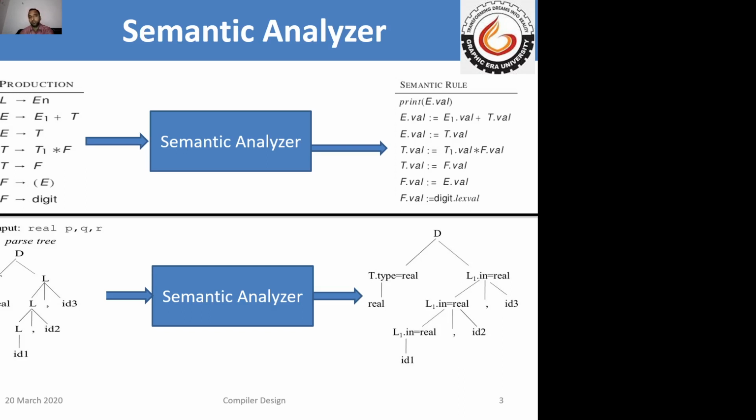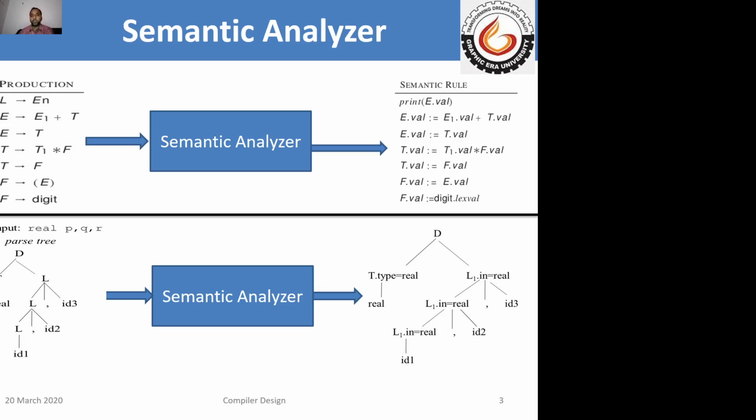The first production is E generates E plus T. Its semantic rule will be E.val, meaning the value of E is an attribute associated with E, equal to E.val plus T.val. This means in the production we have used two variables, E and T, and every variable is associated with a value, and the value is an attribute.